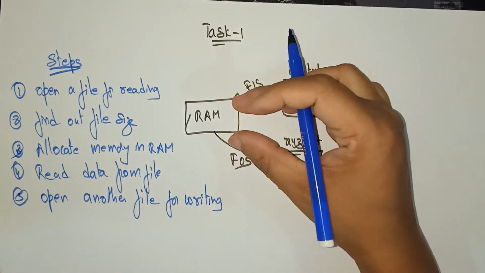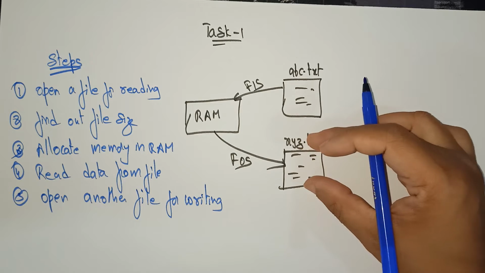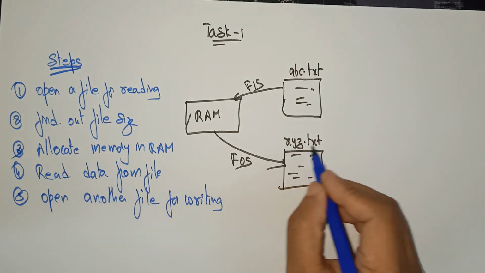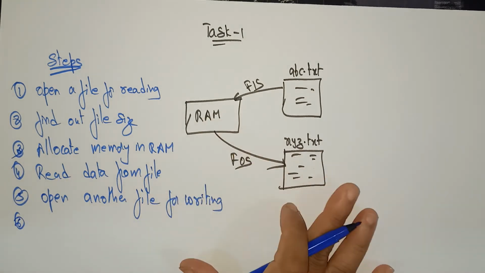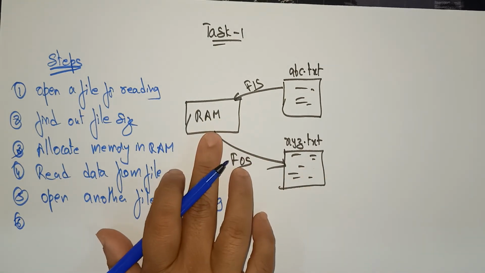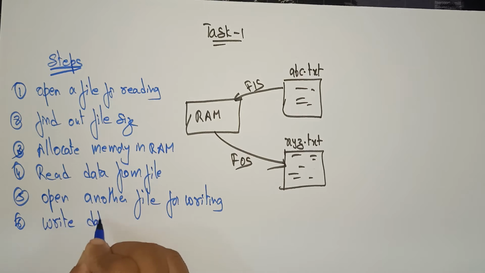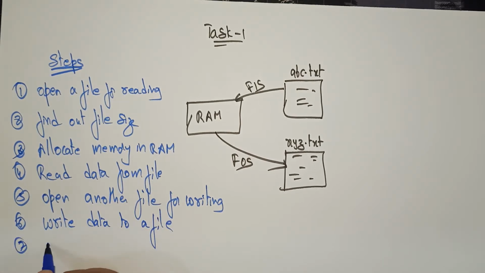Whatever file I have read here, I have to open another file xyz.txt for writing. So I opened xyz.txt. Now write the data to a file: whatever data is present in RAM, you write it to xyz.txt. Finally, you need to close both files.